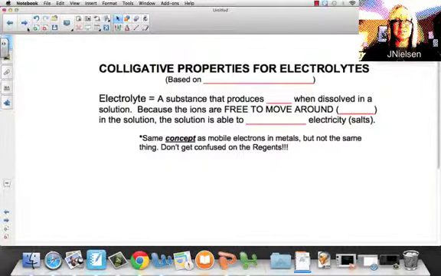So colligative properties for electrolytes are based on the number of particles. I'm going to explain right now what I mean by that, and then I'm going to go over it again in a little bit.